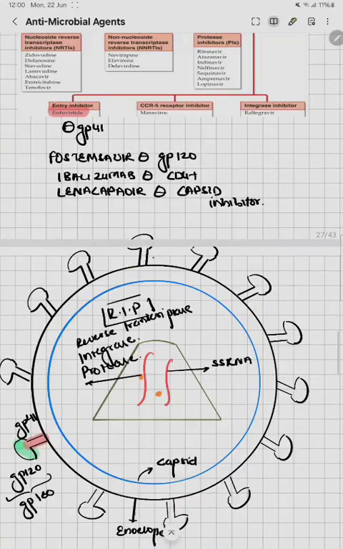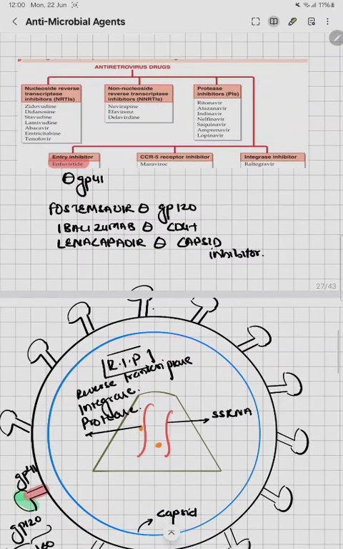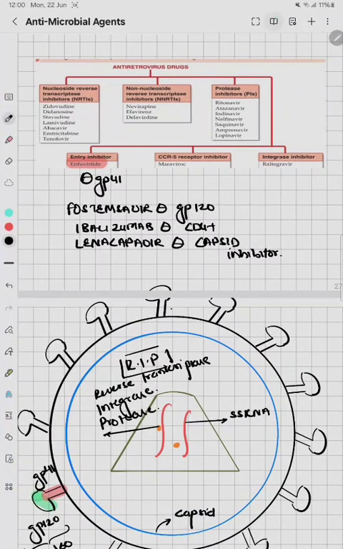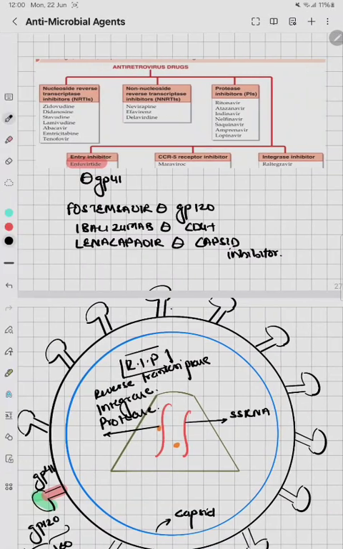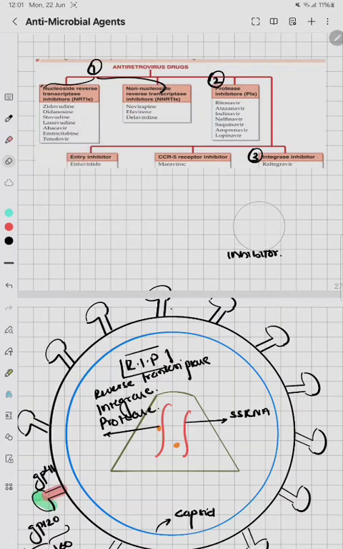Alright, now let's go back to the classification. So nucleoside reverse transcriptase inhibitors and non-nucleoside reverse transcriptase inhibitors, that is your class 1. You have protease inhibitors and integrase inhibitors. I'll just rub all of this so we can discuss the further drugs.